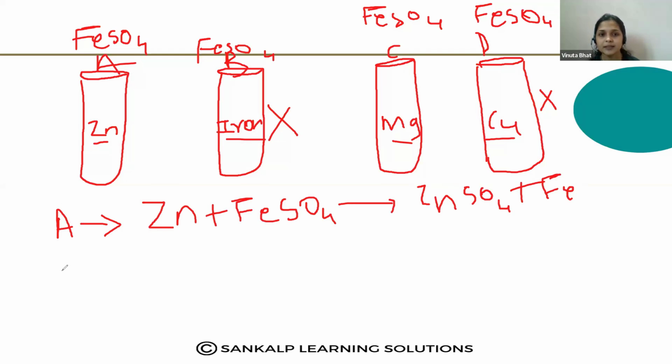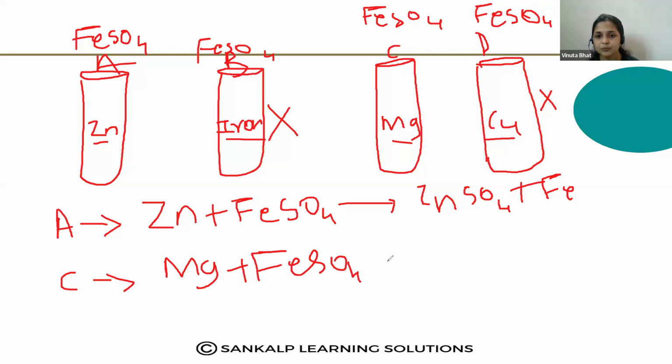Okay. Then in the C test tube, magnesium plus FeSO4, MgSO4 will be formed, MgSO4 plus Fe. Fe is displaced.